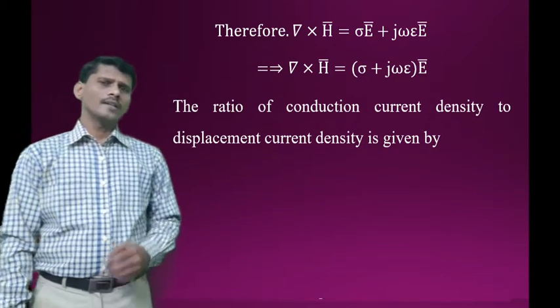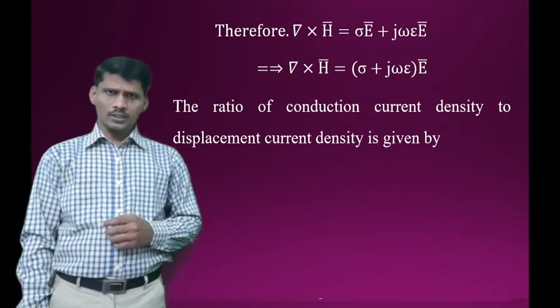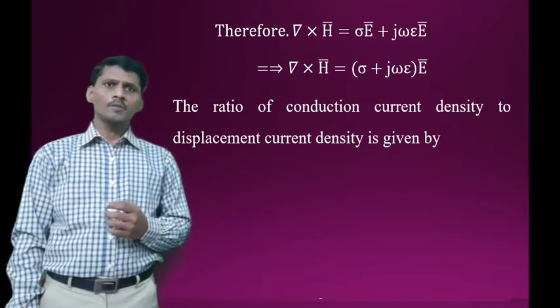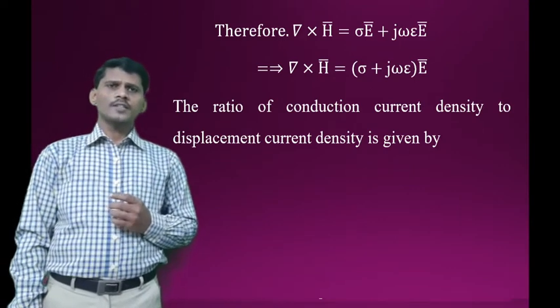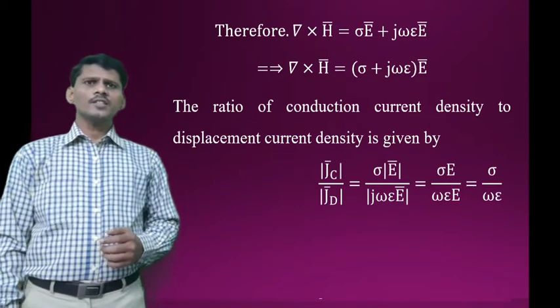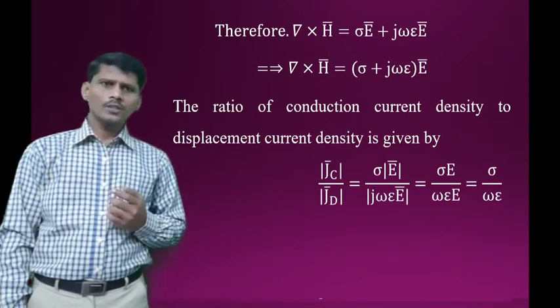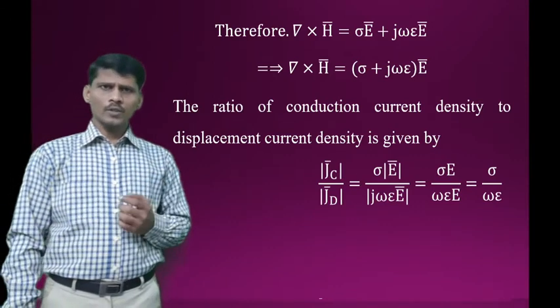Now calculate the ratio of the magnitude of conduction current density and displacement current density. The conduction current density Jc bar is equal to sigma into E bar, so the magnitude of Jc bar is sigma into the magnitude of E bar.